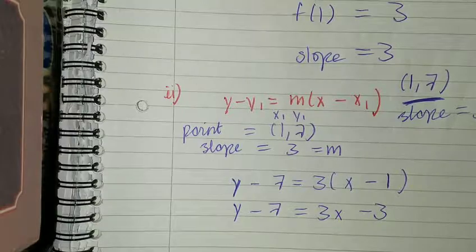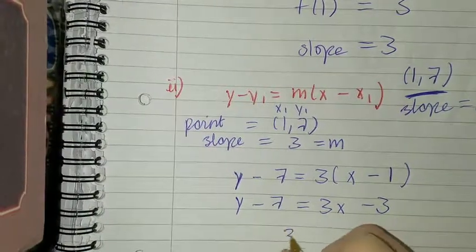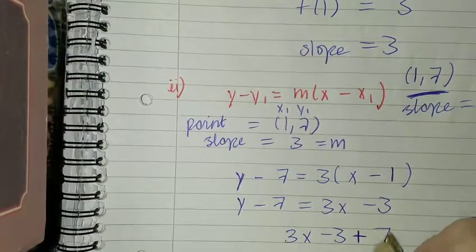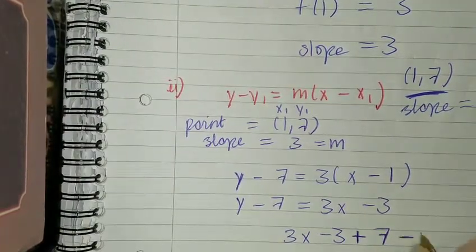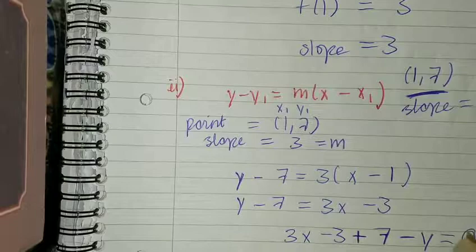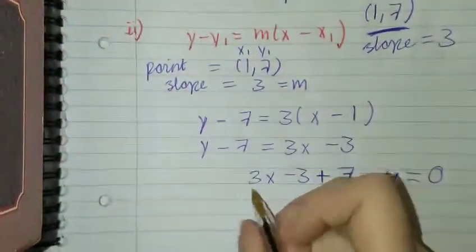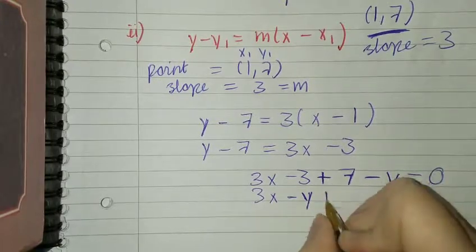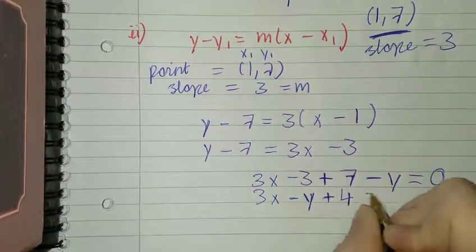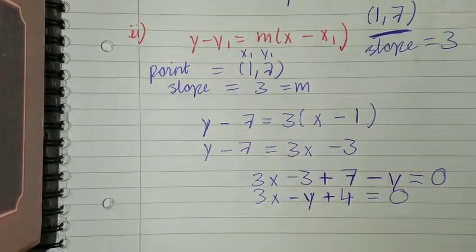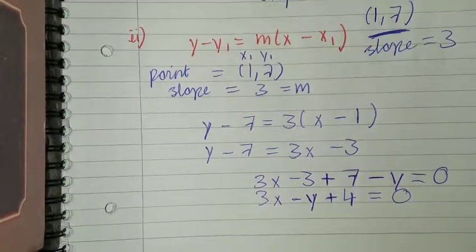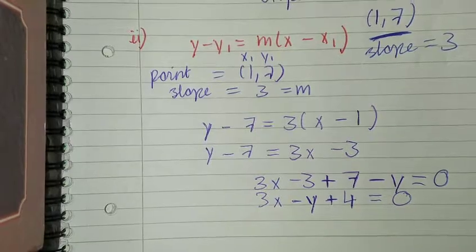I might just get everything on the same side: 3x minus 3 plus 7, and then minus y equals 0. So that will be 3x minus y plus 4 is equal to 0. That is the equation of the tangent at the point 1, 7.